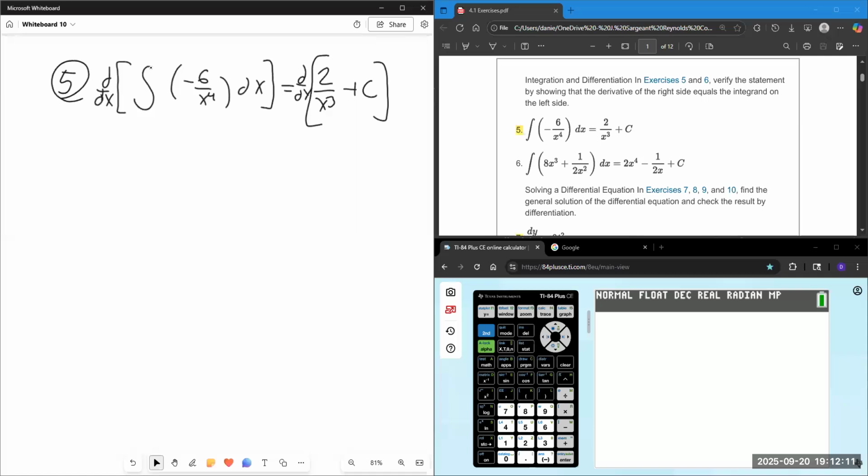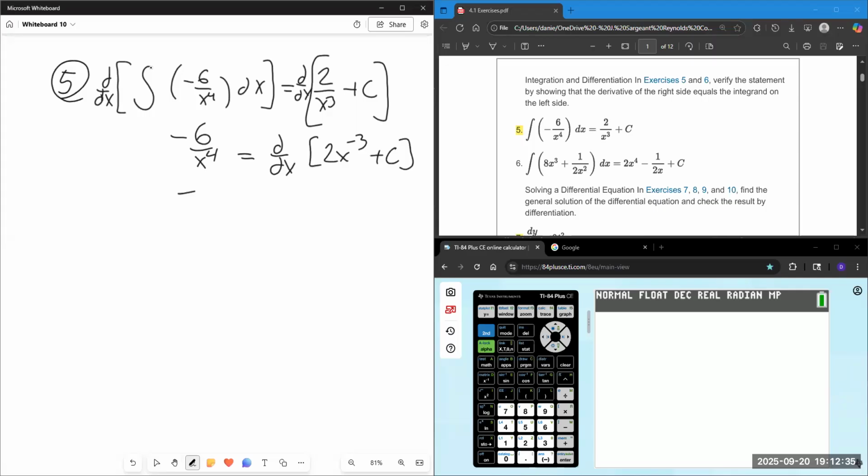So the derivative with respect to this variable that you see here will eliminate this integration symbol and this differential here and leave you with the integrand. And so we want to take the derivative with respect to x of 2x to the negative third plus c.